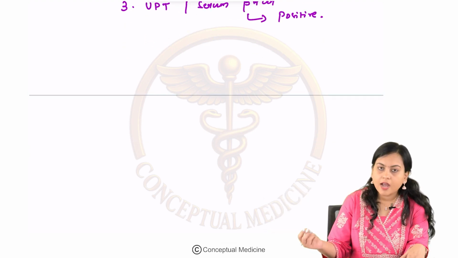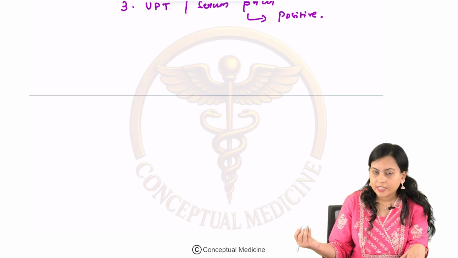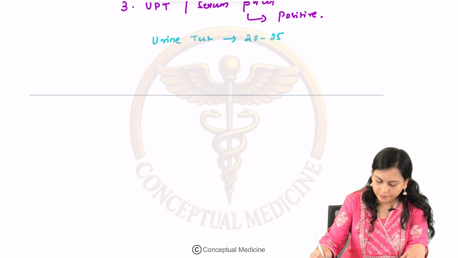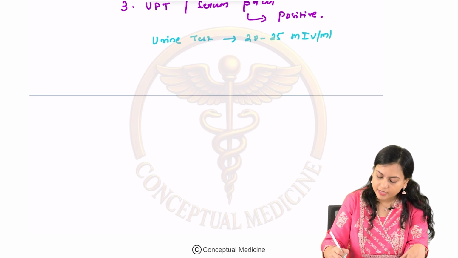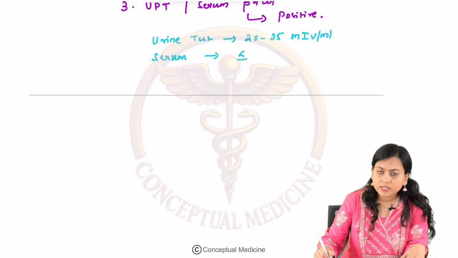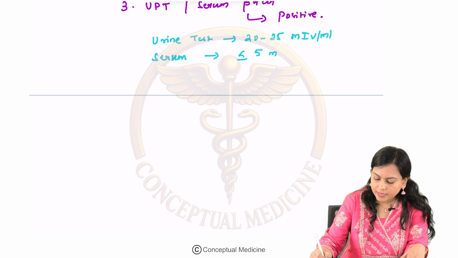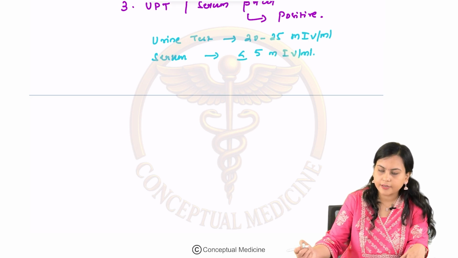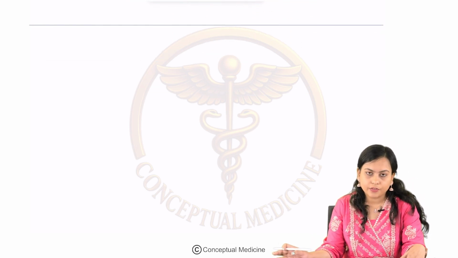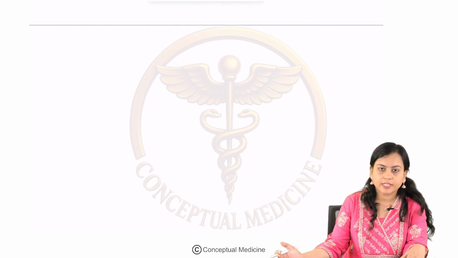The lower limit of detection in a urine test for beta HCG is 20 to 25 milli international units per milliliter. Whereas serum beta HCG can diagnose even less than 5 milli international units per milliliter. So serum beta HCG is always preferred when you are suspecting an ectopic.